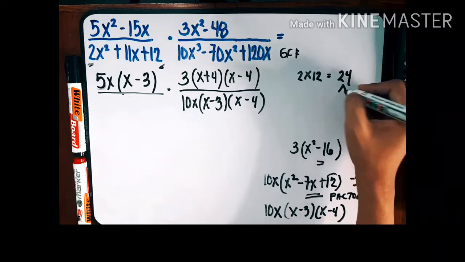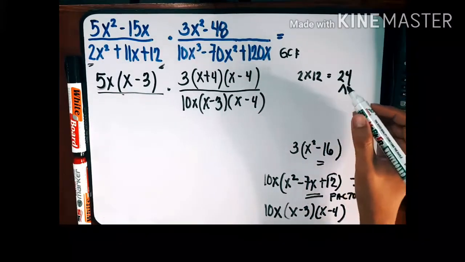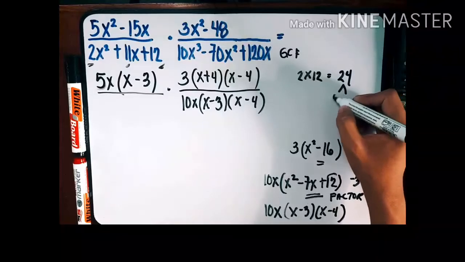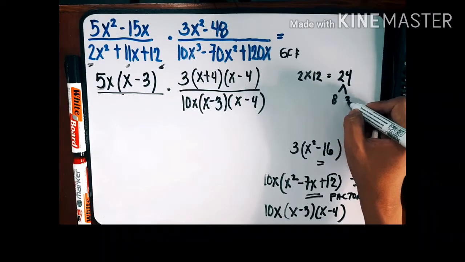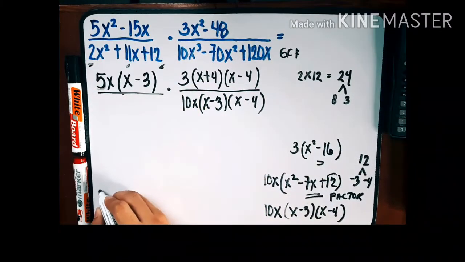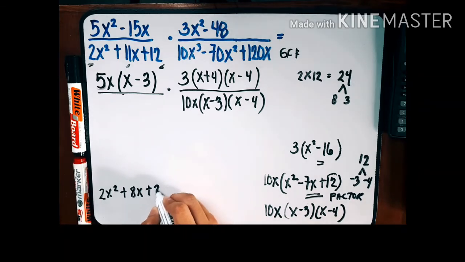And we have to think again two numbers that has a product of 24 but has a sum of positive 11. So, dito possible yung 8 and 3. So, we can rewrite this as 2x squared plus 8x plus 3x plus 12.